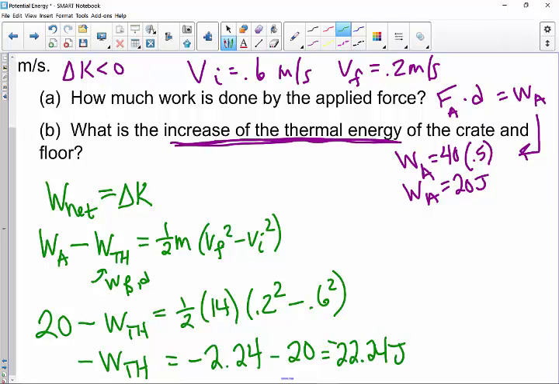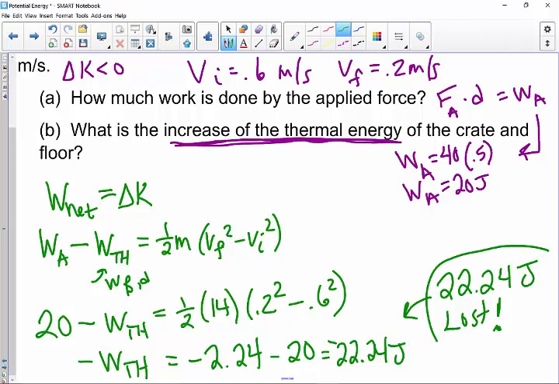The negative just means that if we divide by the negative, we'll get the magnitude. So the overall energy loss due to friction, drag, whatever, is 22.24 joules lost. They were converted to something else in the system, which is why it slowed down. We're only adding 20 joules to the system, but we're taking 22 joules out, so it had to slow down.